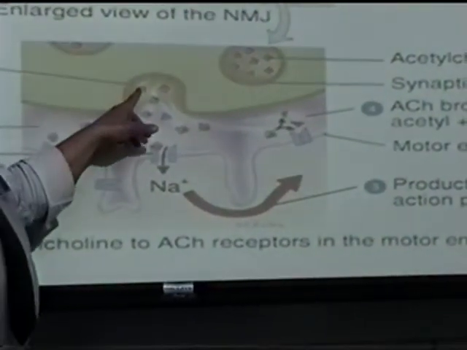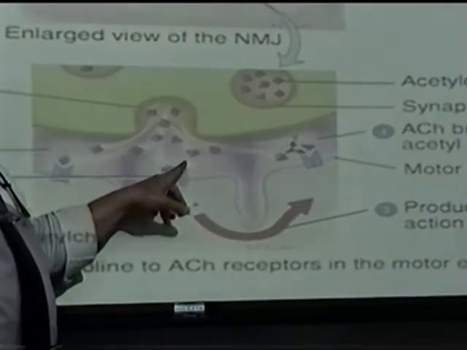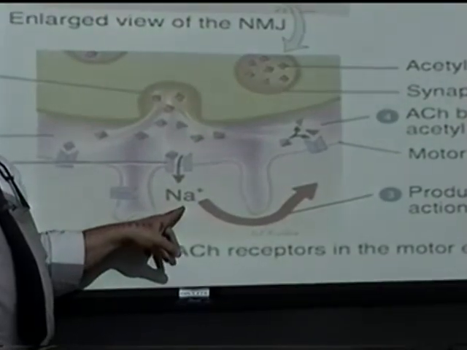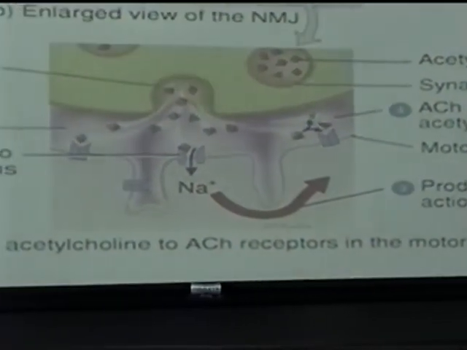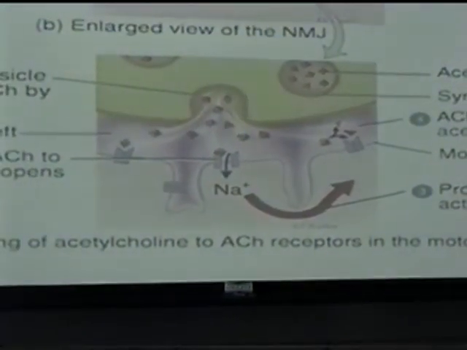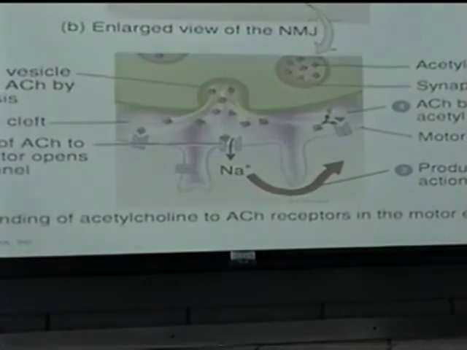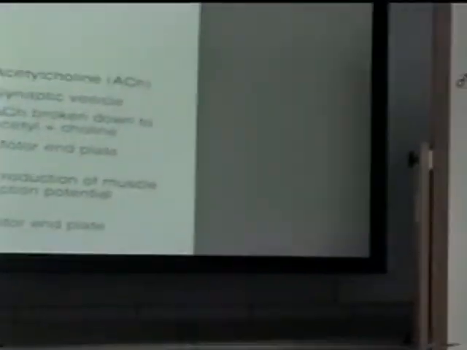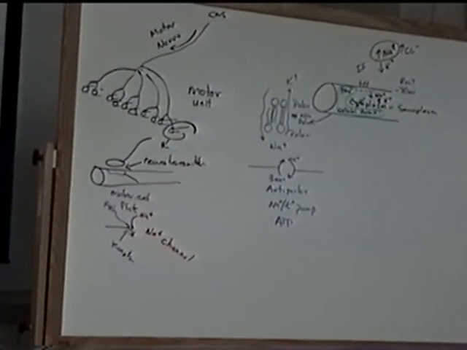If we bind acetylcholine to it, then it opens and allows sodium to move into the cell. So we're using acetylcholine to transfer an electric event from a neuron that's technically not in contact with the muscle, to the muscle, and creating that electric event in the muscle itself.